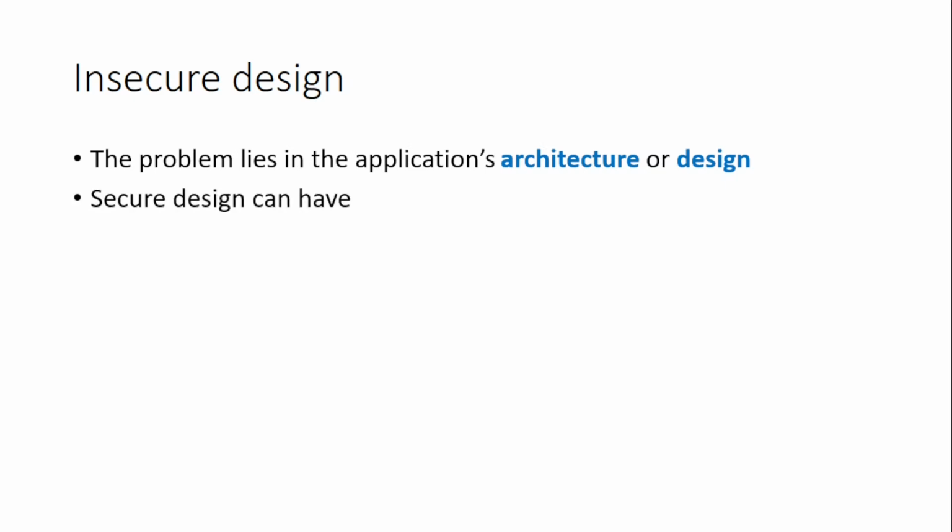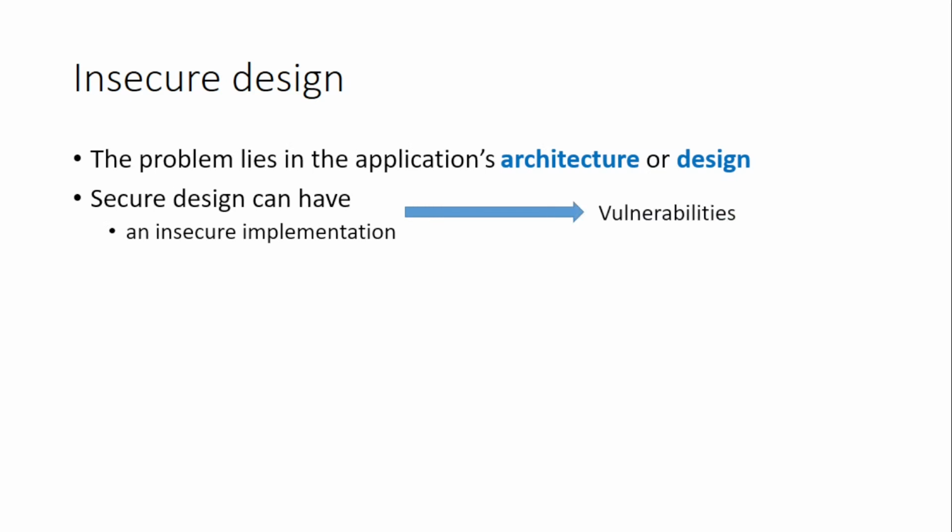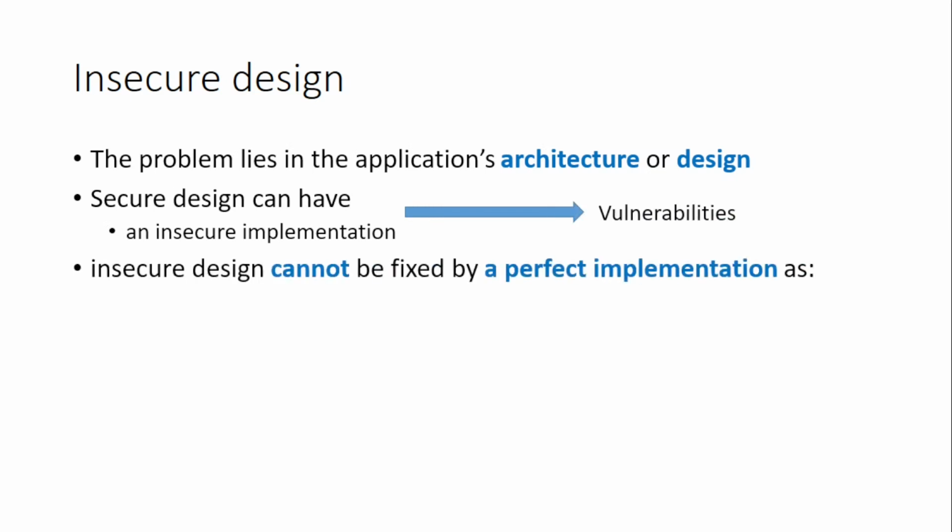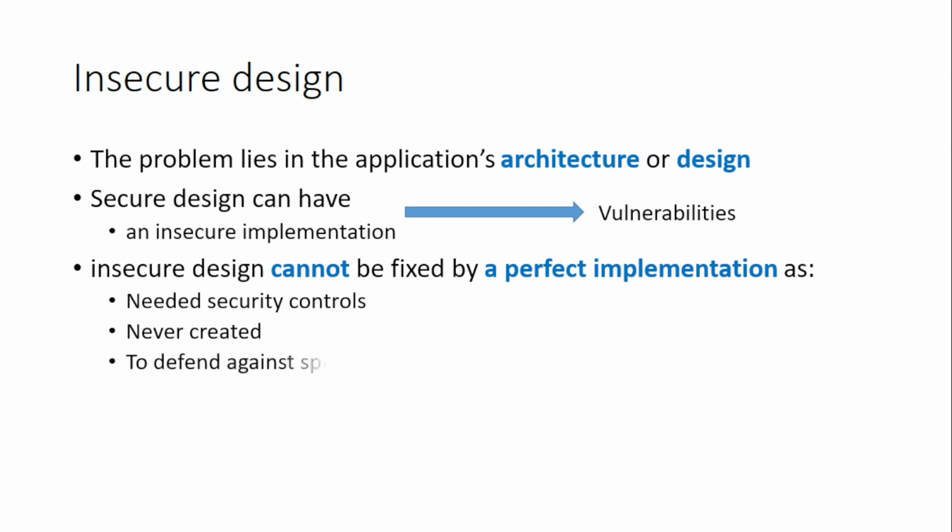So a secure design can have an insecure implementation, and then that means we'll get vulnerabilities. But an insecure design cannot be fixed by a perfect implementation, as we need security controls that haven't been thought of and never created to defend against specific attacks.